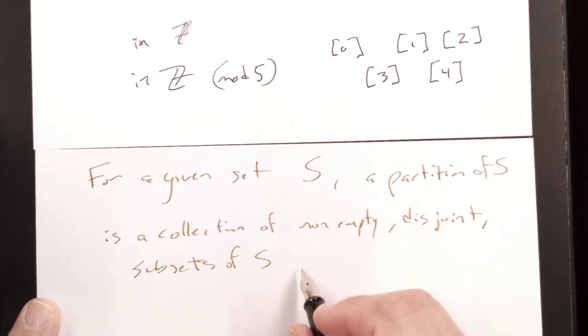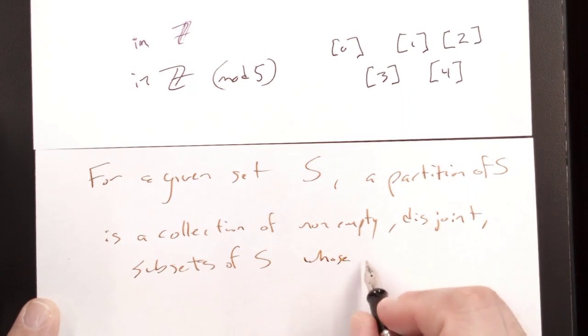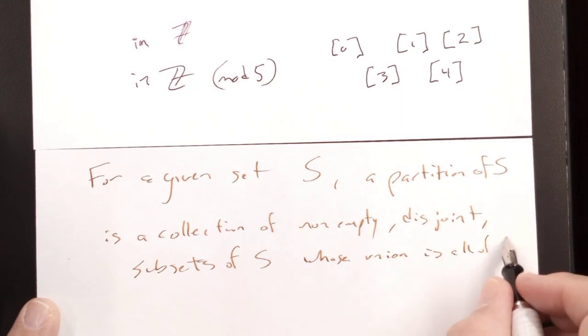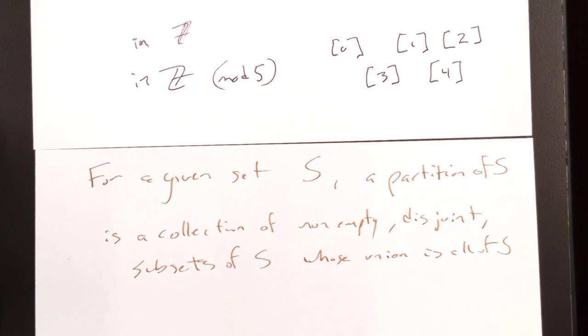Well, we'll do that next. Whose union is all of S. A partition of S breaks the set up into a bunch of non-empty piles where no pile contains anything in common with any other pile.